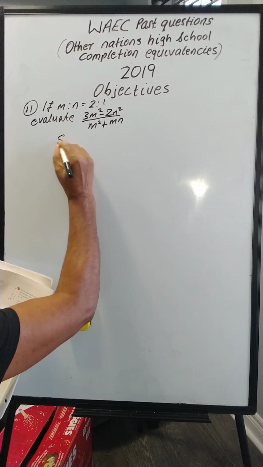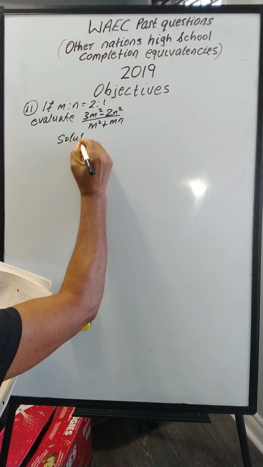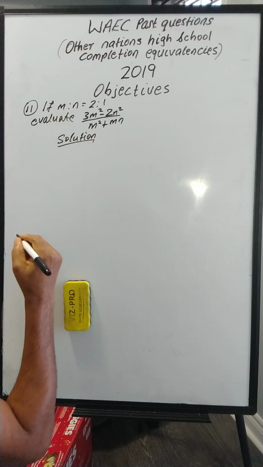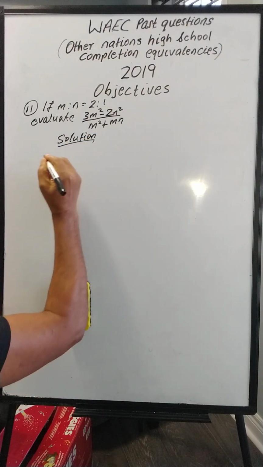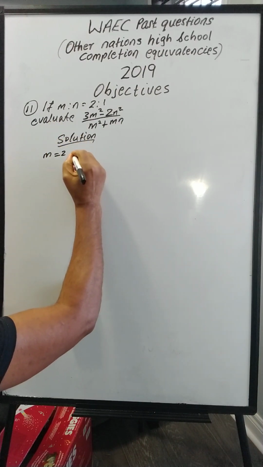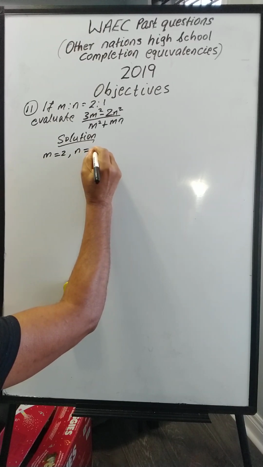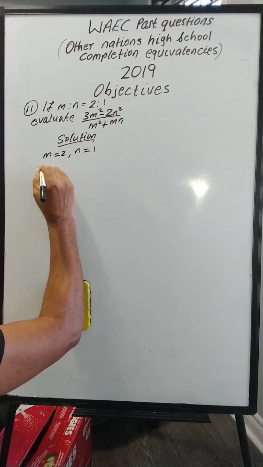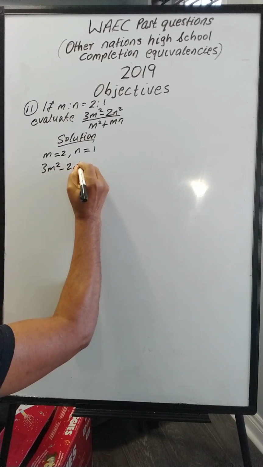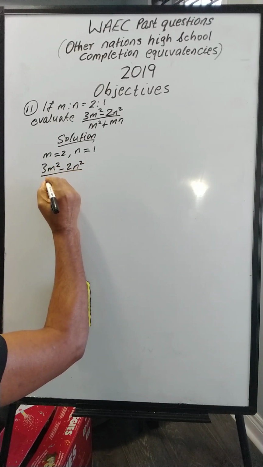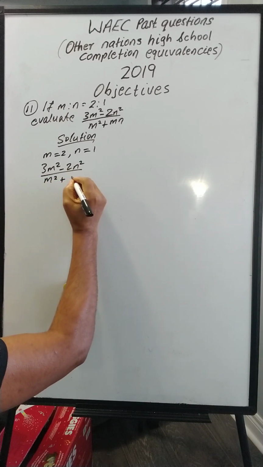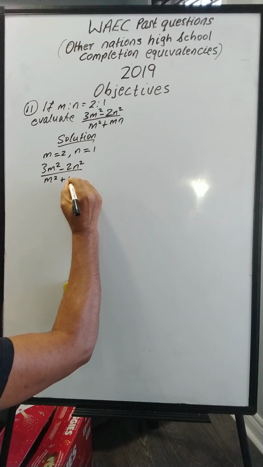So for the solution, we substitute the given values for each of those variables. We now have m is equal to 2 as given, and n is equal to 1. So 3m squared minus 2n squared all over m squared plus mn.